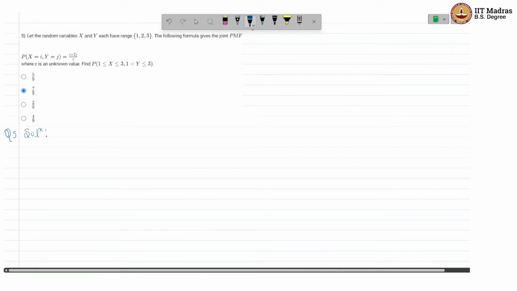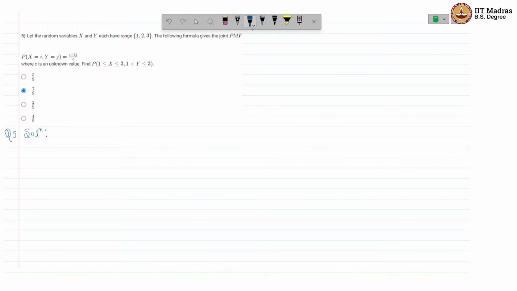So before calculating the probability, we have to find the value of unknown C here. And how we will do that? We will do that by using the axiom that sum of probabilities of all possible xy pairs is equal to 1 for discrete joint distribution. So this will be summation x belonging to domain of x, y belonging to domain of y, fxy is equal to 1.